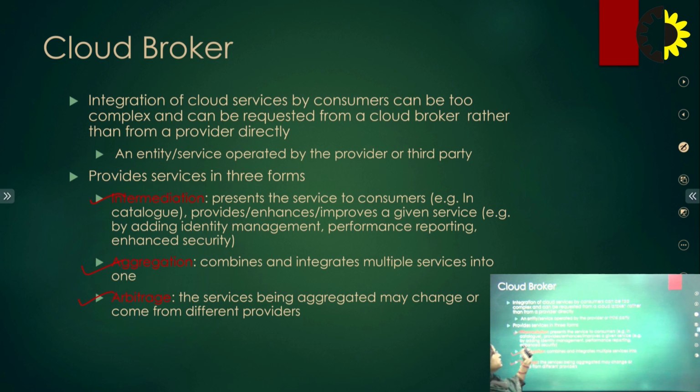Intermediation presents the services to the consumers by adding identity management, performance reporting and enhanced security. Aggregation means it combines and integrates multiple services into one, and arbitrage means the services being aggregated may change or come from different providers.